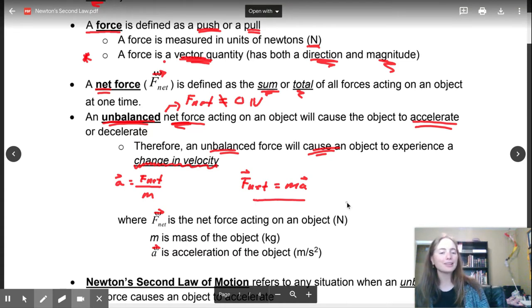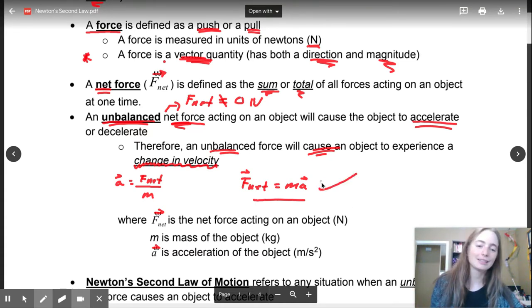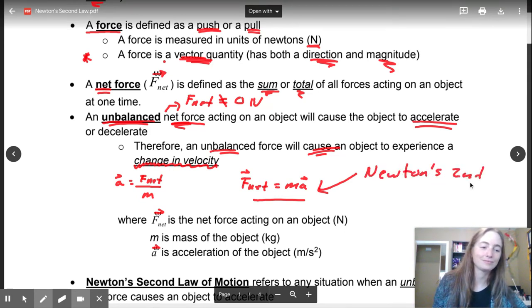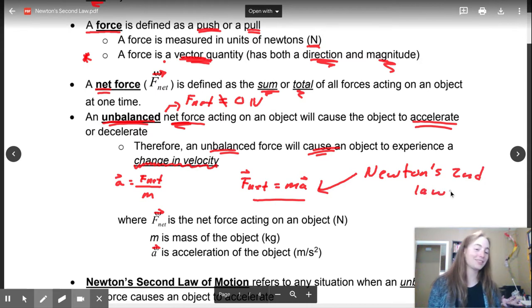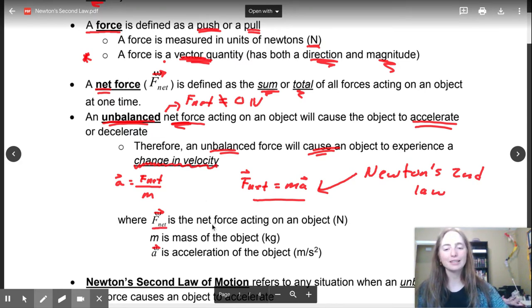So this is the rearranged version of the equation. F net equals ma. This is the equation based on Newton's second law. So whenever we say Newton's second law, we mean F net equals ma. So, ladies and gentlemen, F net is the net force acting on the object.